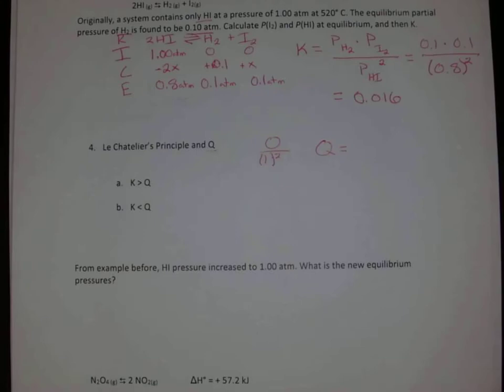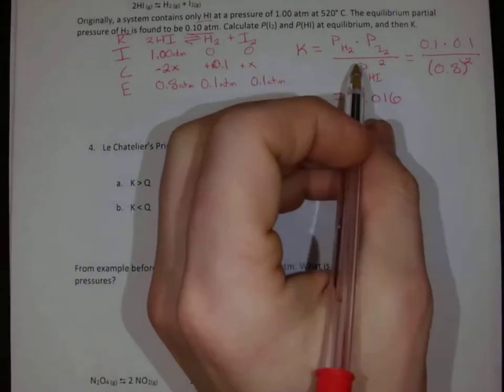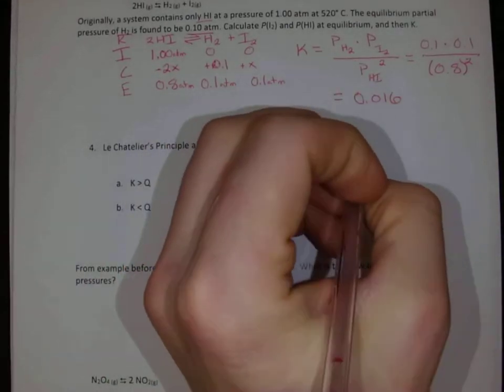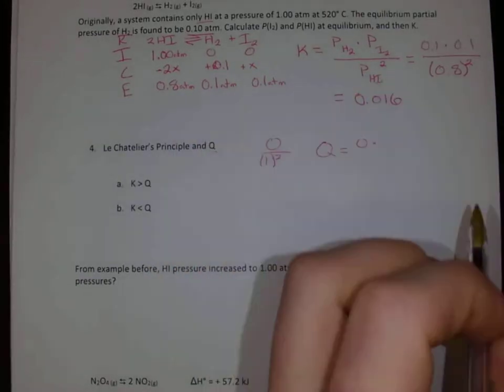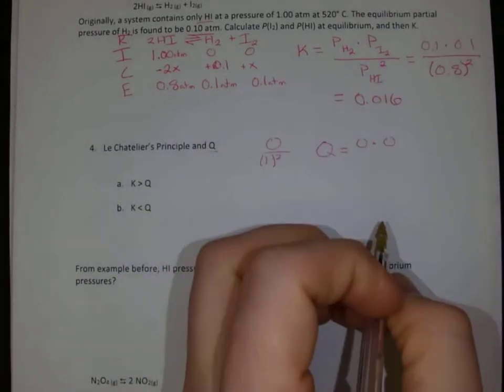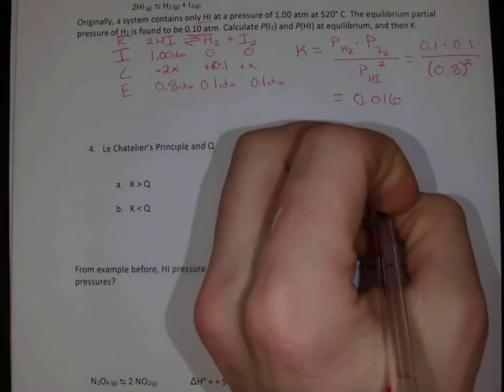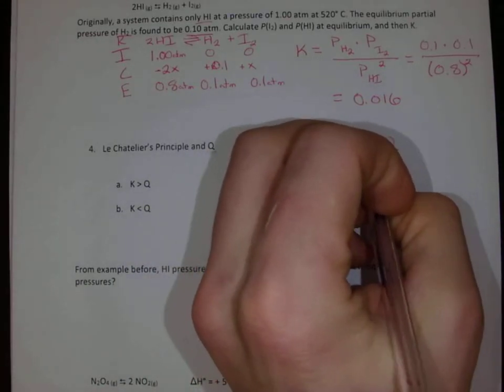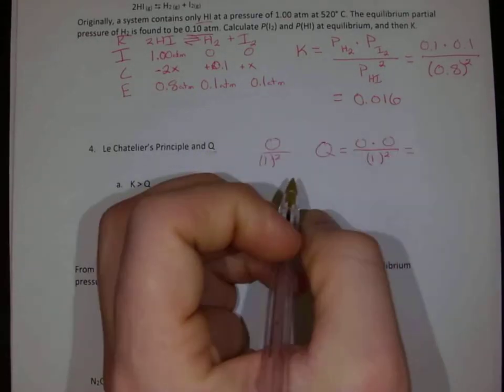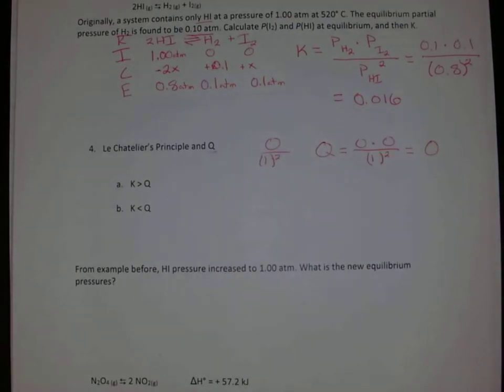We write Q the exact same way as we would write our K expression. The pressure of H2 is 0, times the pressure of I2, which initially is 0, divided by the pressure of HI, which is 1, squared. So our Q value is 0.